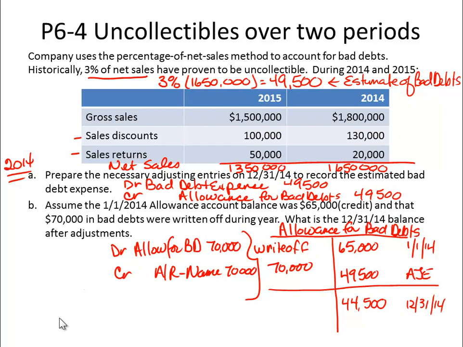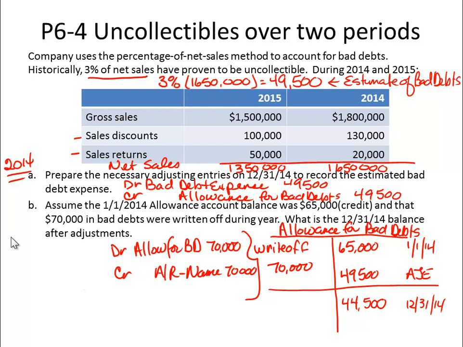In Part B, it wants to know what the ending balance is, and we see that the beginning balance in Part B was $65,000, that $70,000 was written off during the year, and the write-off entry is debit the allowance for bad debts, $70,000, credit accounts receivable, I know your name and I don't like you, $70,000, which reduces the allowance account.